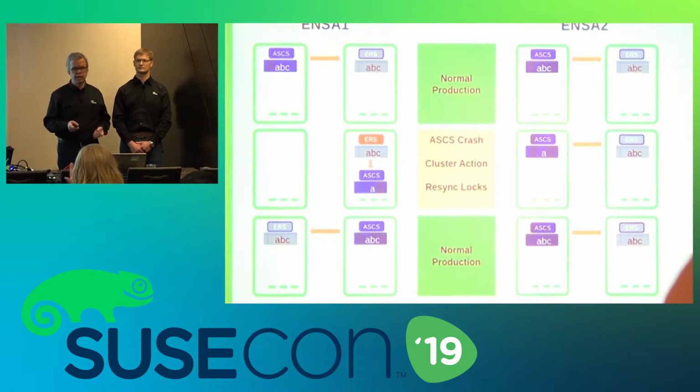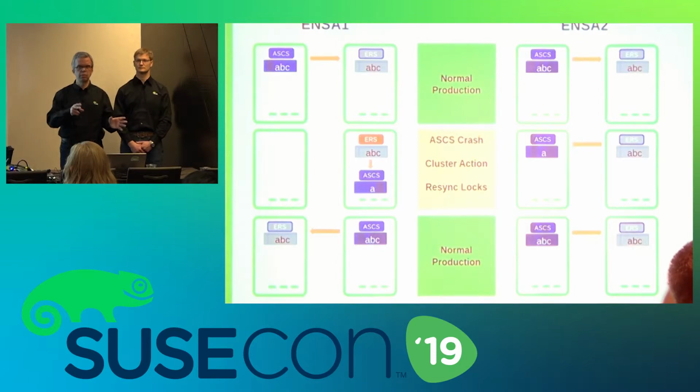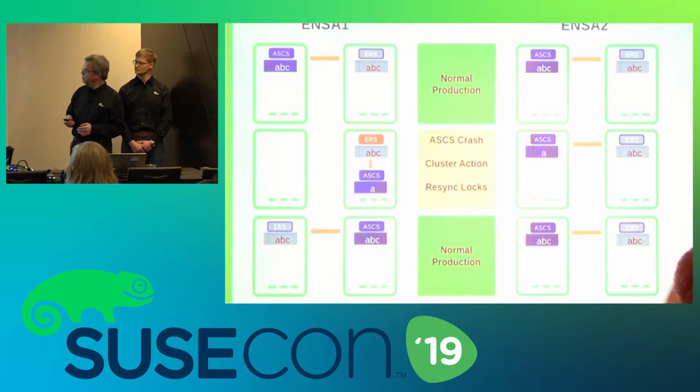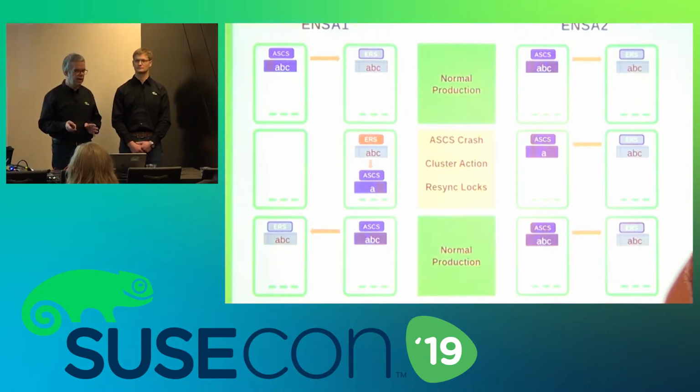This has consequences on our cluster, because first it no longer needs to move the ASCS to the ERS side, so we could also have multiple node clusters for multiple systems and so on. And we can continuously have a spawned up situation where the ASCS and ERS are always running on different nodes.